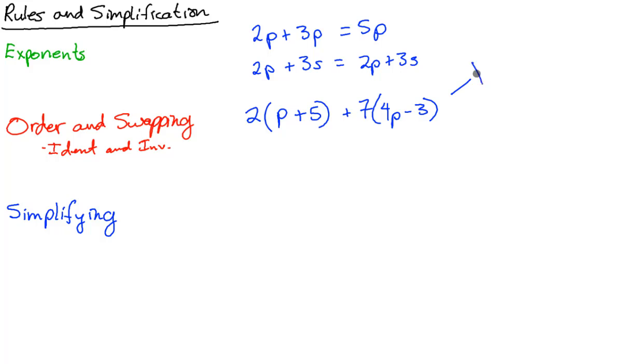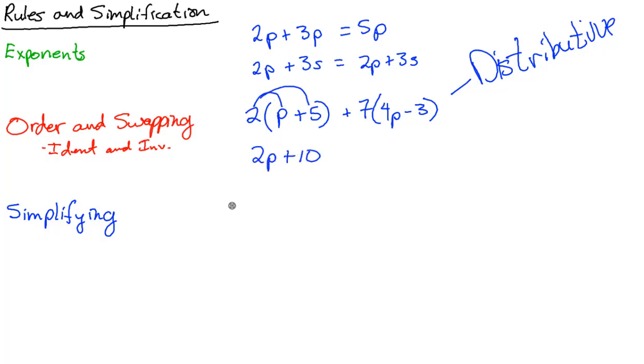This is what is known as the distributive property. And this is probably the most important thing you will ever see in math, and will carry through all of your courses. This can be jumped in to there, 2p plus 10.